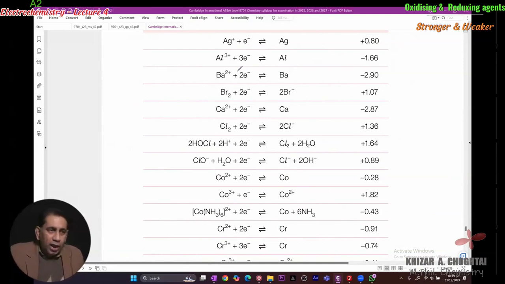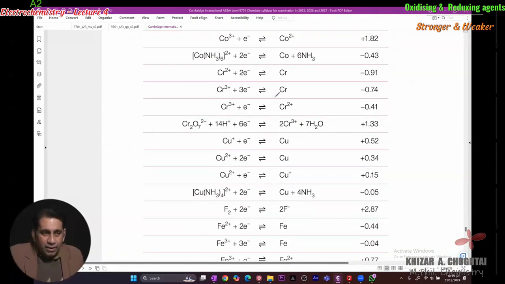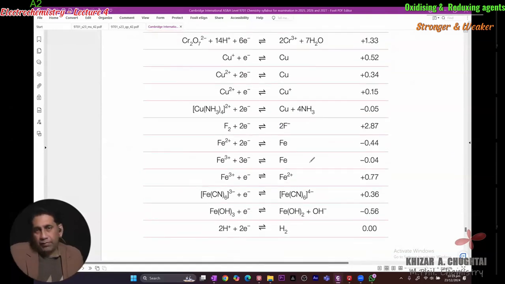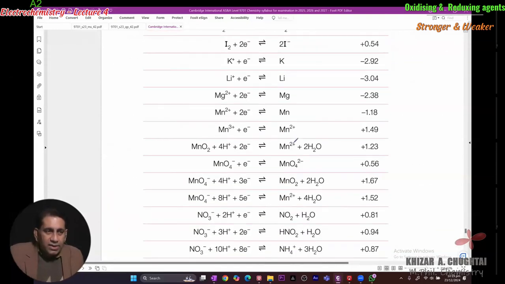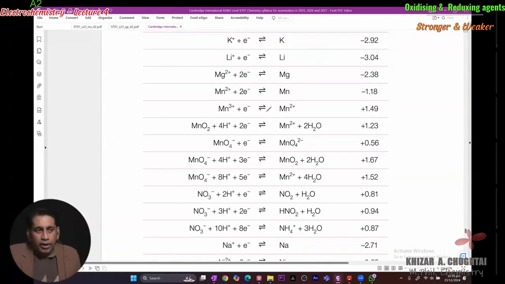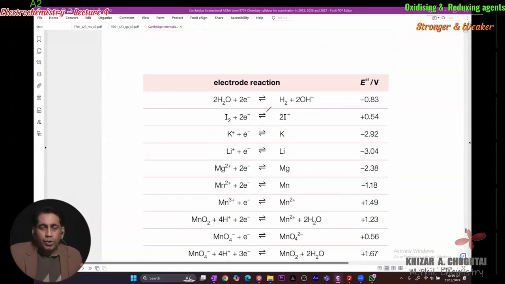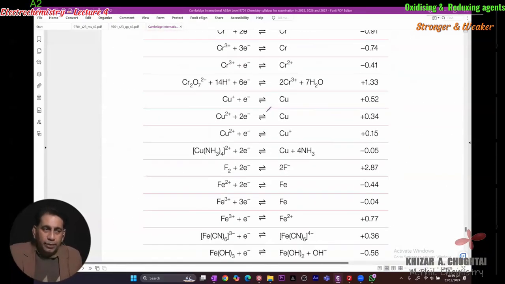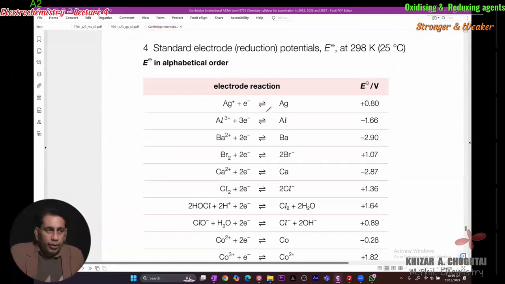In all types of reaction in the data booklet, whether given in the question paper or in the data booklet, the standard way is to write the equation with respect to reduction potential. So this is the reduction potential. All these equations are reported in the data booklet, or will be reported in your question paper, as reduction potential values.